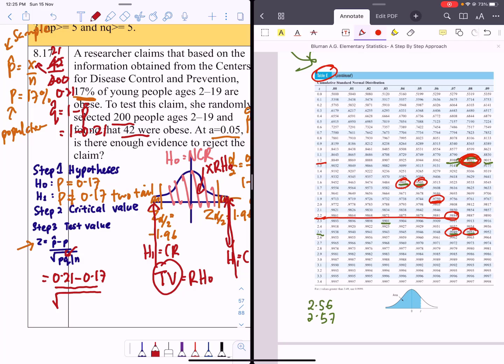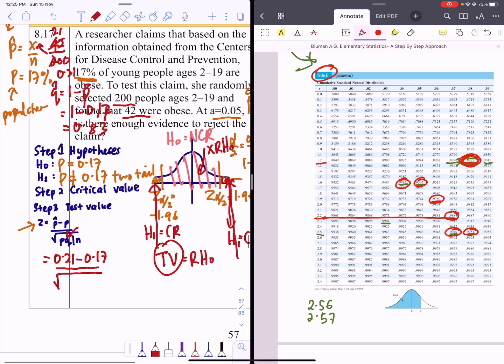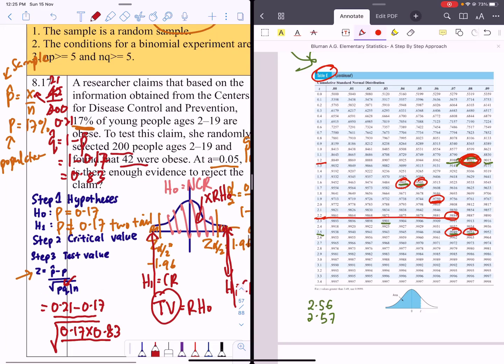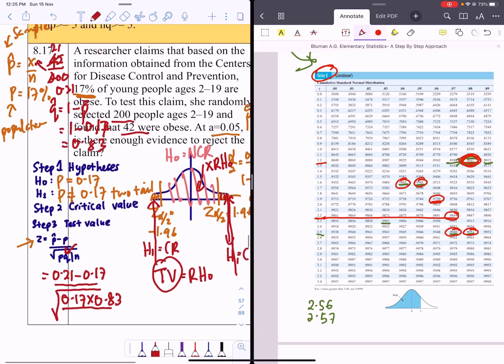Jadi 1 minus 0.17 equals to 0.83. Kita ada sini 0.17 times 0.83, divided by n. Ni sampai ke bawah ya. And what is n? n is 200.